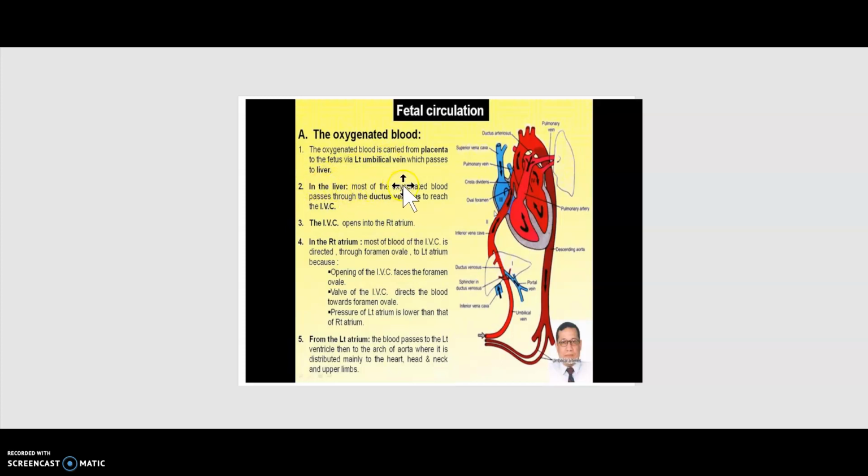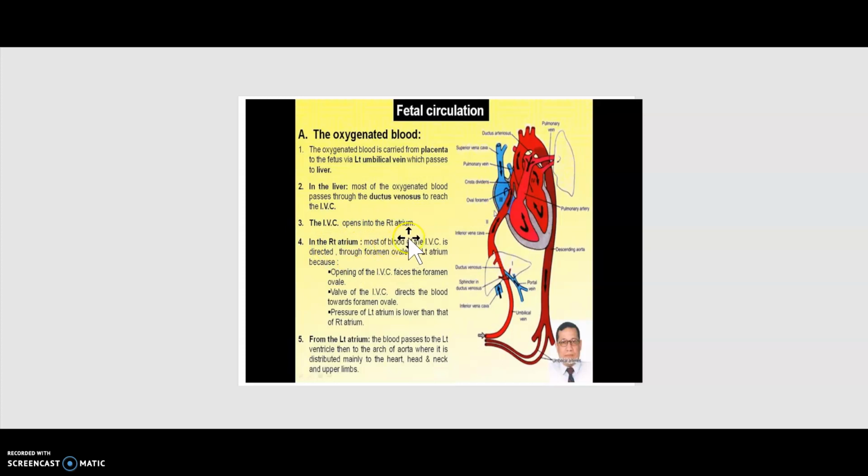The ductus venosus is a bypass route through the liver. You don't want the liver to start breaking down things in the fetus because the mother's sending in good stuff. So the liver does not have to really get involved to reach the inferior vena cava. You know what that is. The inferior vena cava enters into what? The right atrium.